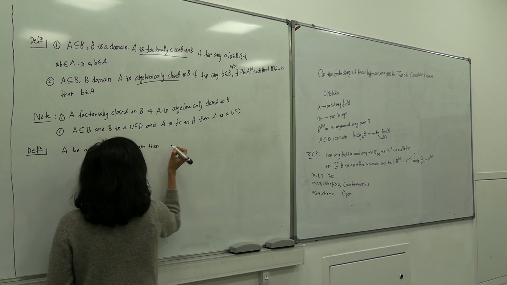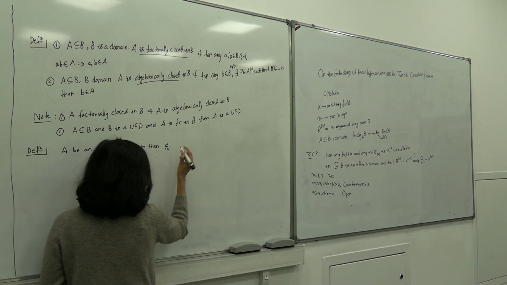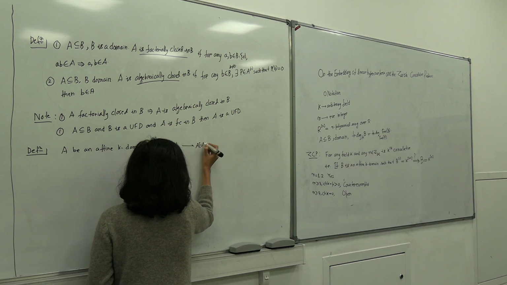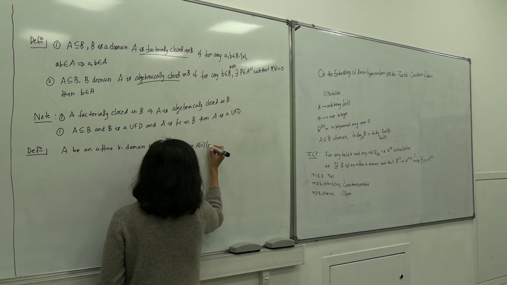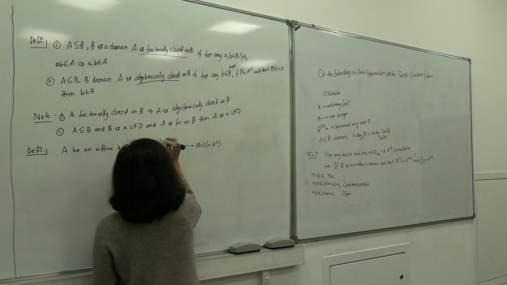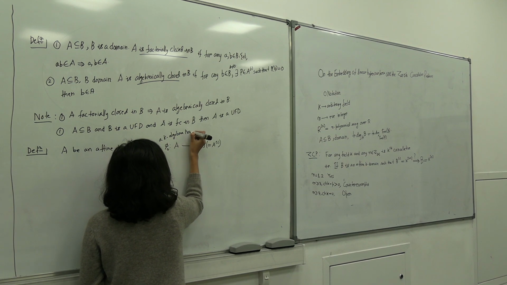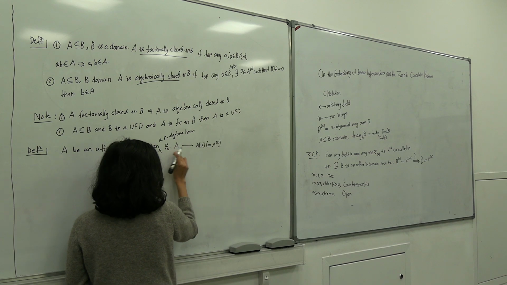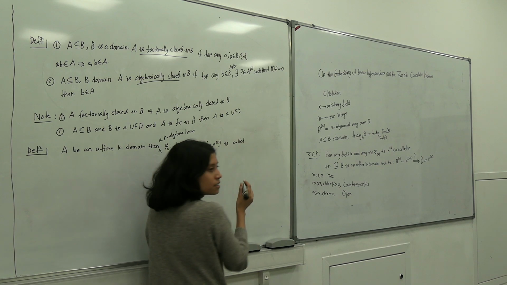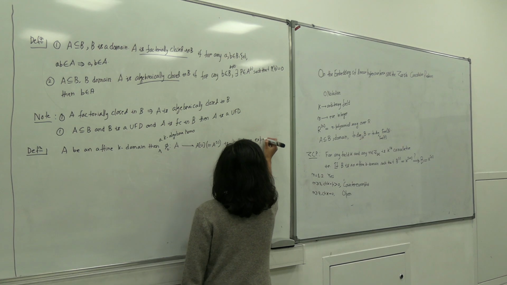Then a K-algebra homomorphism phi from A to A[u], phi sub u, where u is an indeterminate over A, so A[u] is equal to A[1], a K-algebra homomorphism of this form from A to A[u] is called an exponential map.